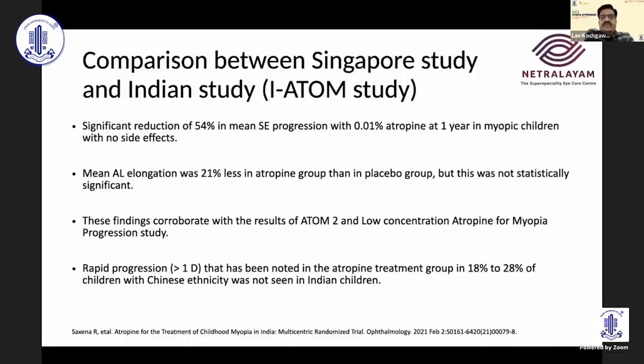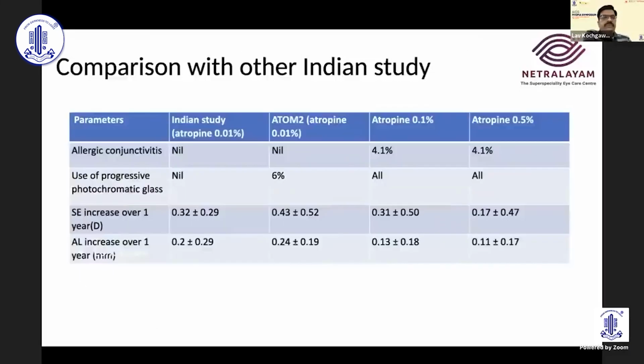Axial length elongation was 21% less in the atropine group compared to the placebo group, but was not statistically significant. These findings corroborate with the ATOM-2 and LAMP study, and rapid progression that has been noted in the atropine group in 18 to 28% of children with Chinese ethnicity was not found in Indian children.